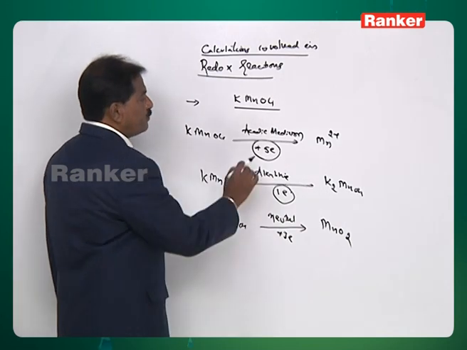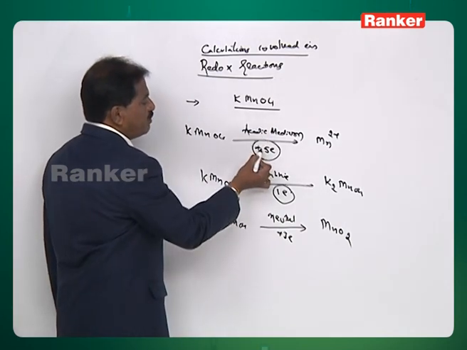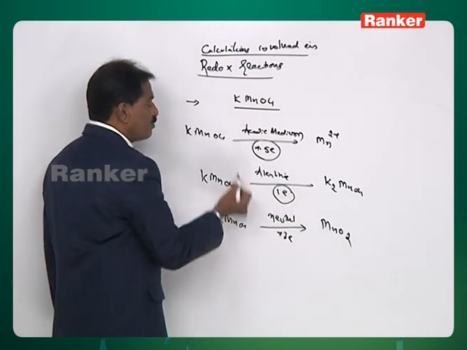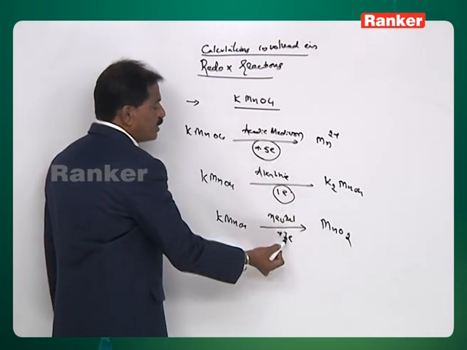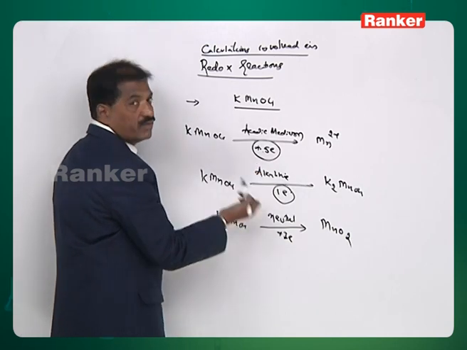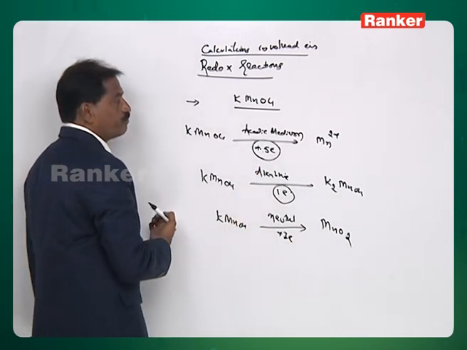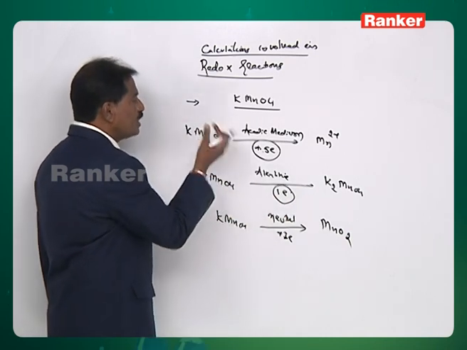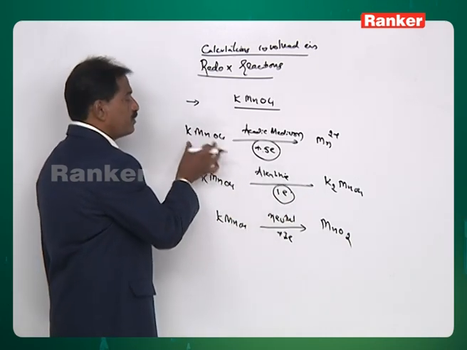So if you know the medium in which the reaction takes place, we can easily identify the number of electrons participating per molecule. That number is itself called the valency factor or N factor. By using this N factor, we can calculate the equivalents of KMnO4 participating.